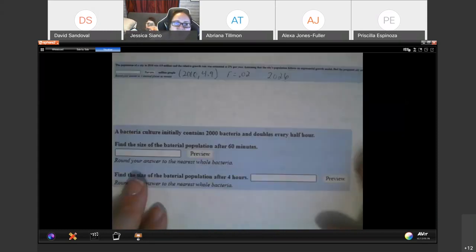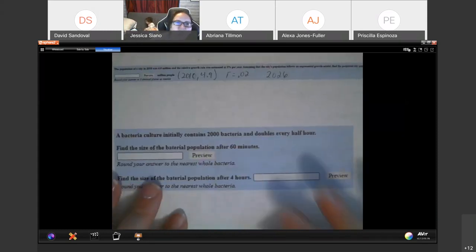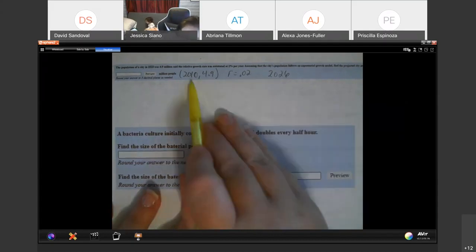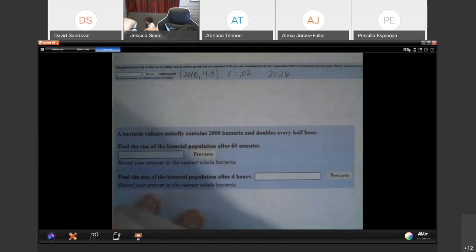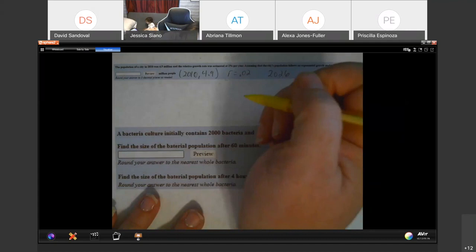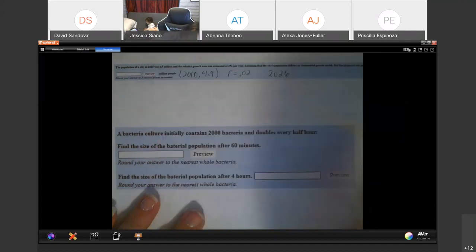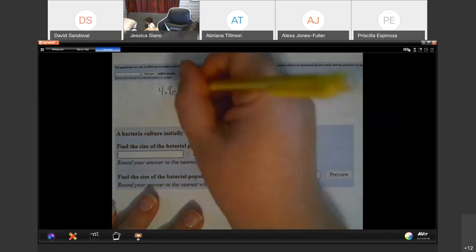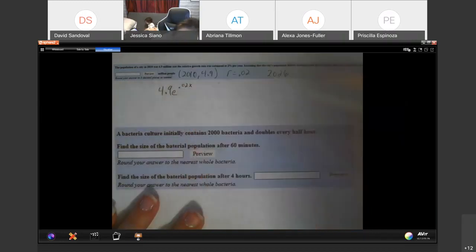Sorry, writing was so small. So we'll use 2010 as my initial year. So then my population would be 4.9 e to the 0.02 x.